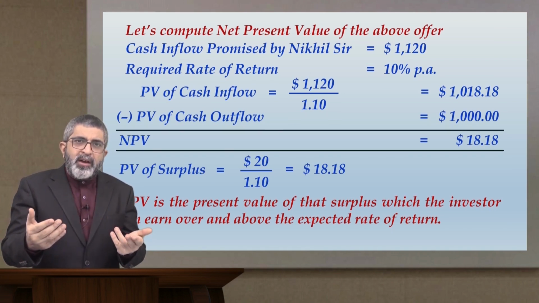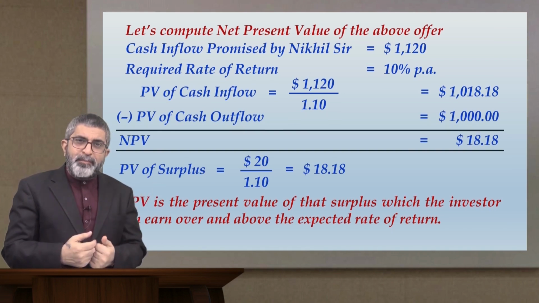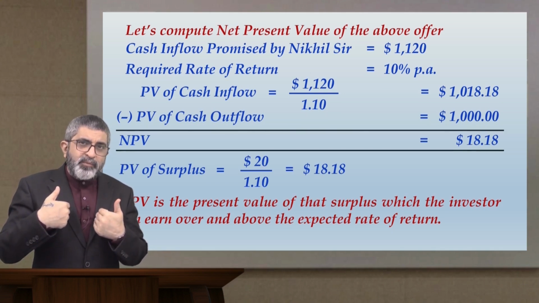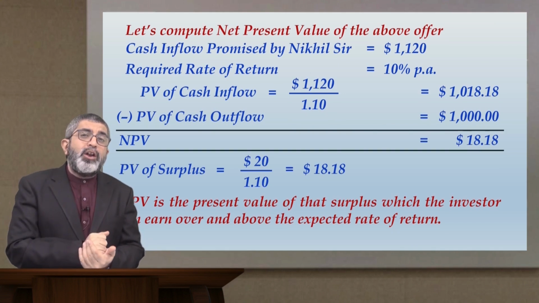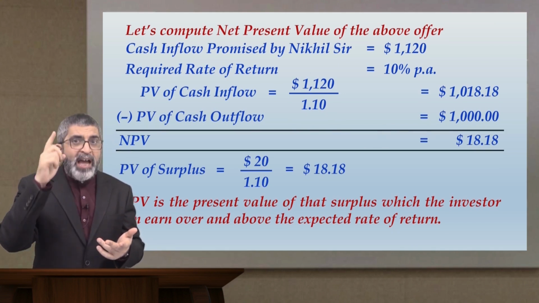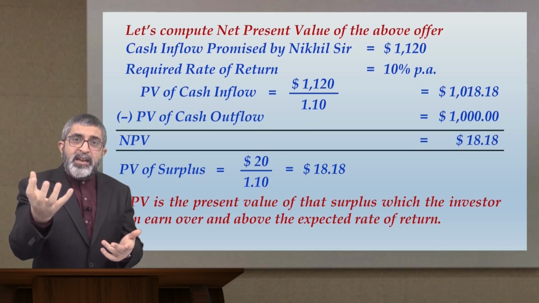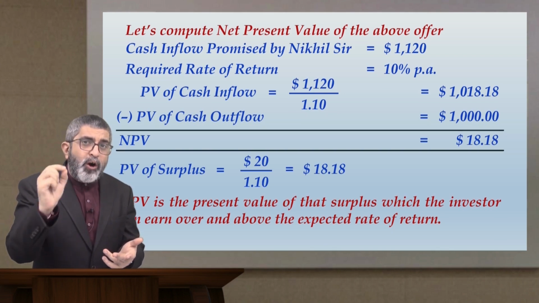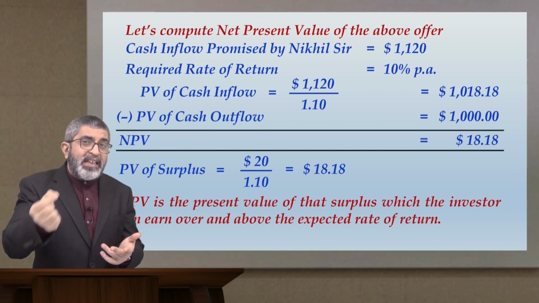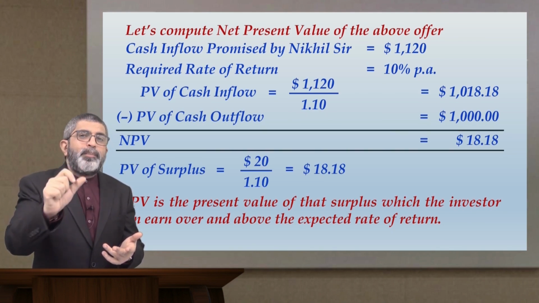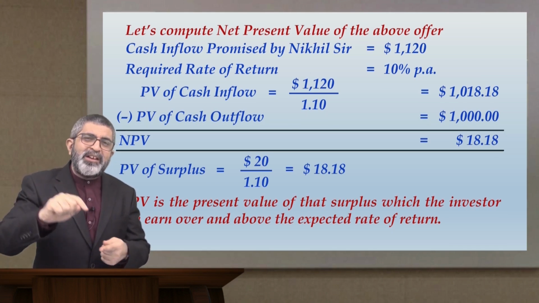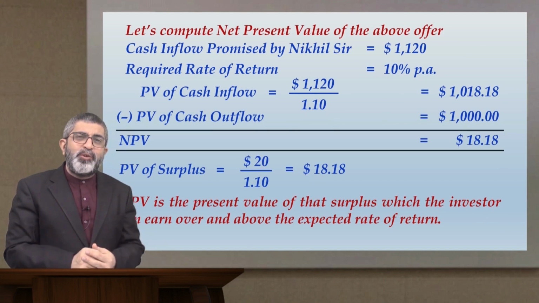What if I change the offer and I say, you invest with me $1,000 today and I will give you back $1,080 after 1 year. So you have an expectation of receiving a cash inflow of $1,100 after 1 year. If I am offering anything less than that, the surplus will go negative, and if the surplus goes negative, the resulting NPV also goes negative.